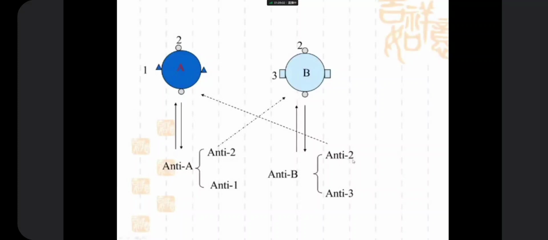You can see the anti-2 can react with antigen B, also can react with antigen A. The phenomenon is called cross reaction. The basis of the cross reaction is common antigen.